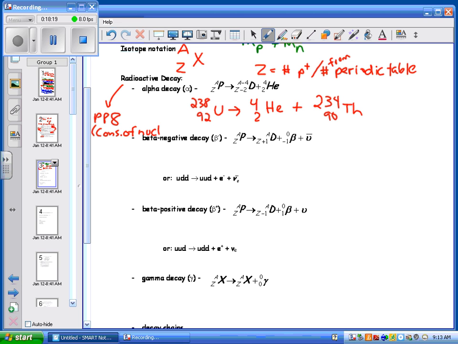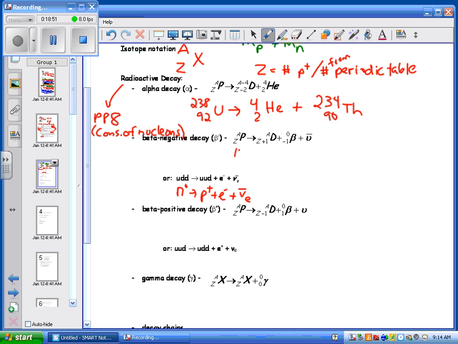That's really the only principle being used here. So alpha decay, you go 2 to the left on the periodic table. Beta negative decay, basically what's happening is a neutron turns itself into a proton and an electron, and the proton is kept in the nucleus, and the electron is expelled.